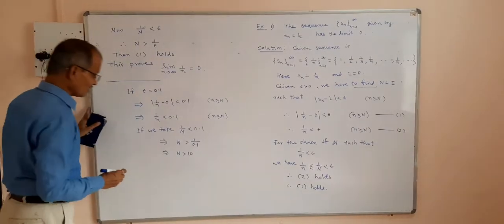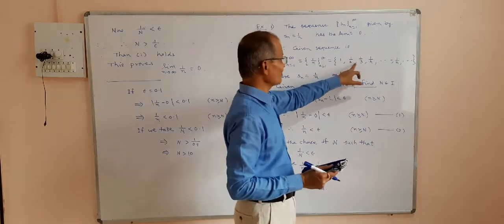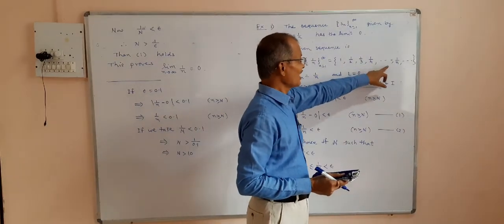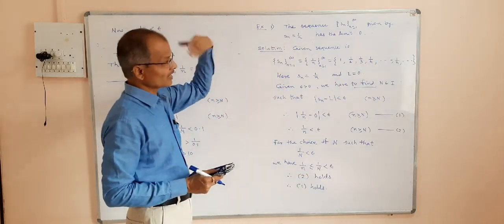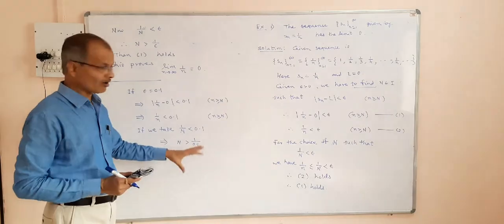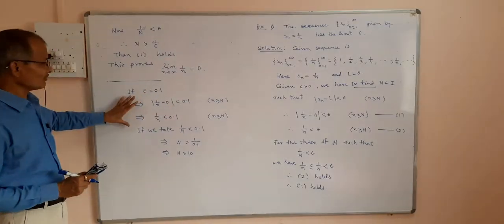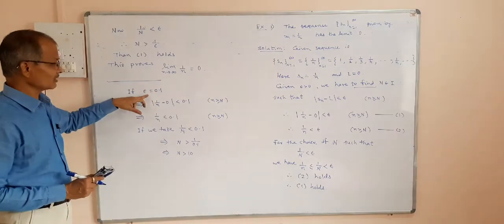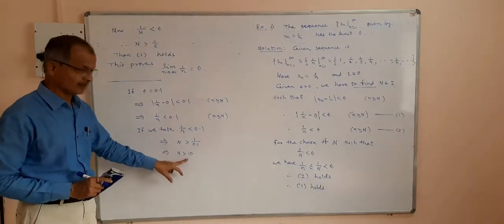That is obvious because we have this sequence as 1, 1 by 2, 1 by 3, etc. And if you consider n is 10, 1 by 10, that is 0.1. So thereafter the terms will be 1 by 11, etc., and all will be less than 0.1. So this is an illustration that this N depends on epsilon. If you consider epsilon as 0.1, we have to select N greater than 10.